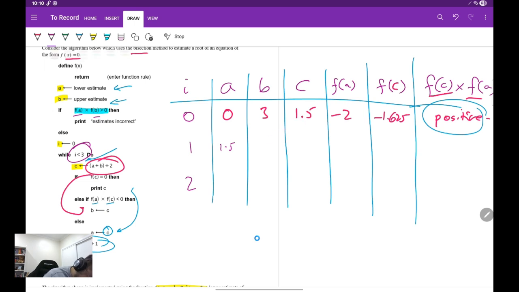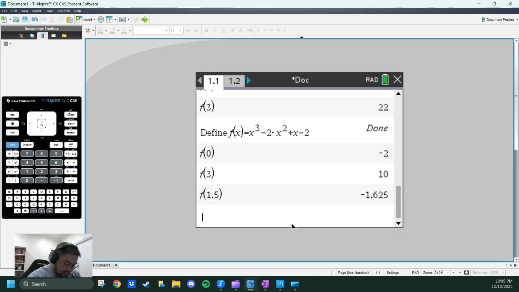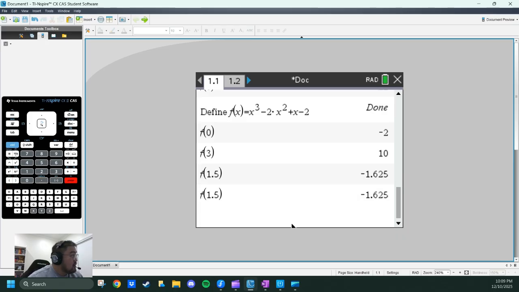And so now the b value stays as 3, and then we've got to work out what's f of 1.5. Oh, we just calculated that, and f of 3. So what did we get?